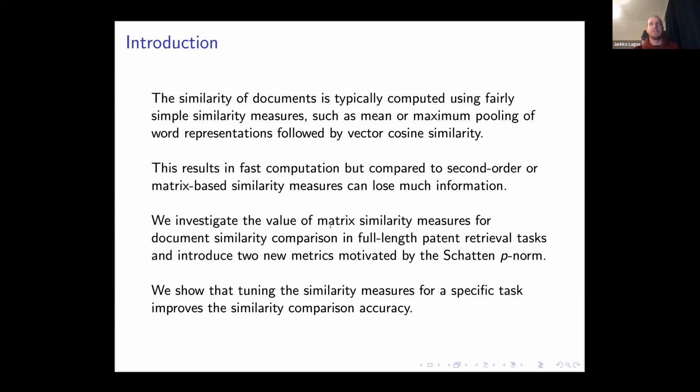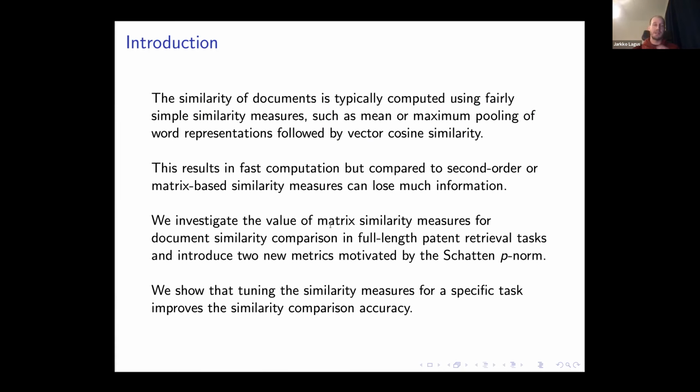So, just an introduction. Document similarities are quite often measured with some kind of simple measures using mean or maximum pooling, followed usually by cosine similarity measurements.